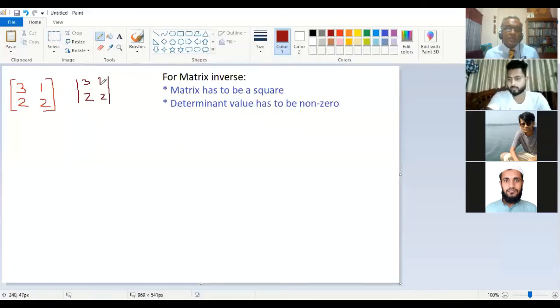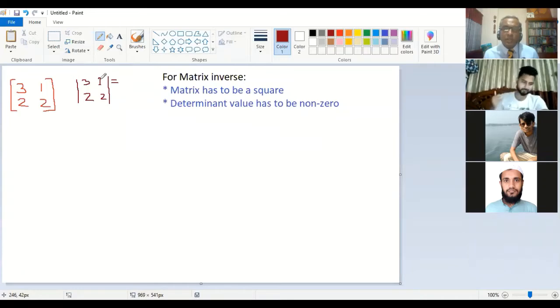So the bracket is a matrix and the vertical line is a determinant. The determinant is a different thing. A determinant has a value. A matrix does not have any particular value. In the matrix, each and every number is different, but in the determinant, each and every number is not meaningful on its own.